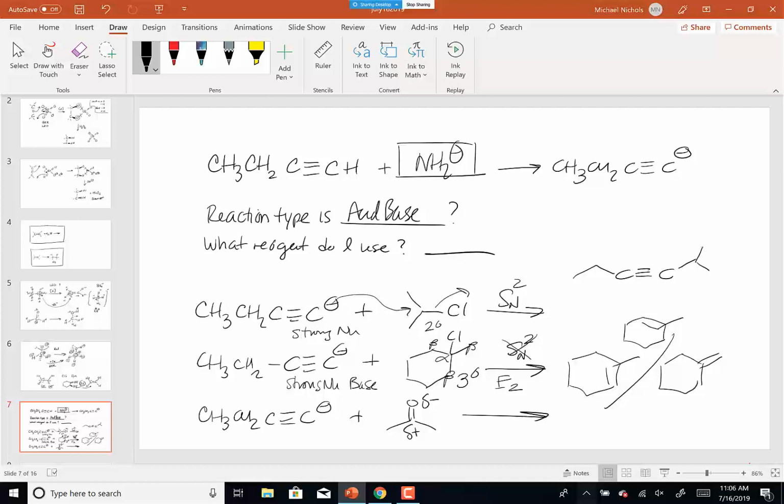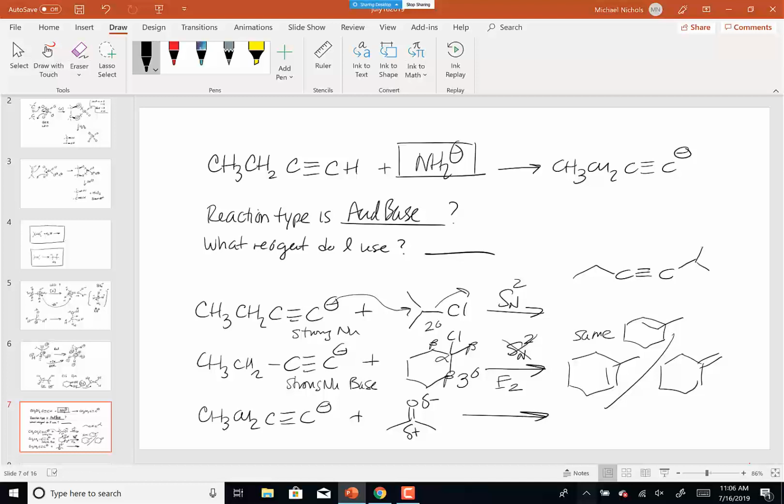So the whole idea of this is it introduces the new idea that for primaries and secondaries, it's easy to react alkynyl anions and do SN2. For tertiaries, it's going to do E2. So these are the same products.